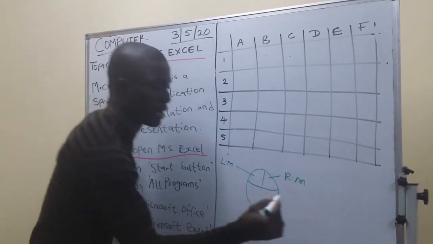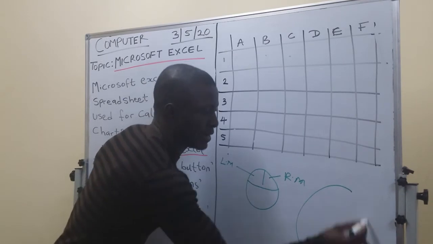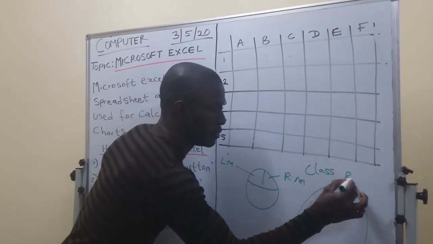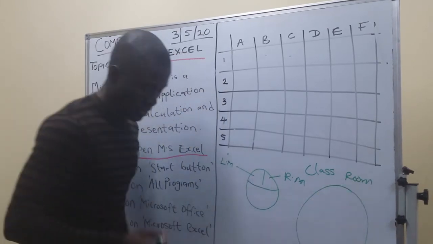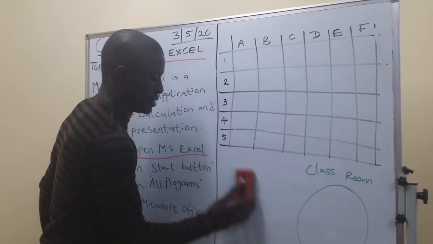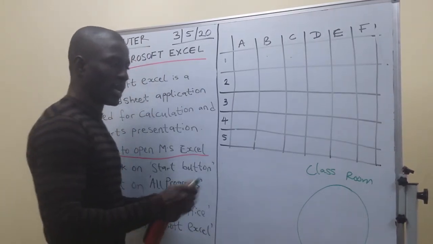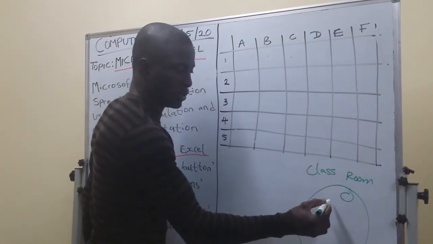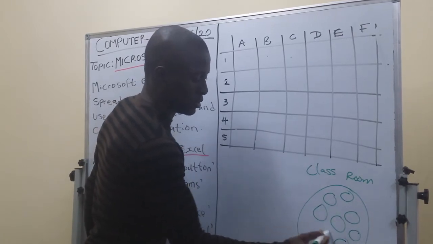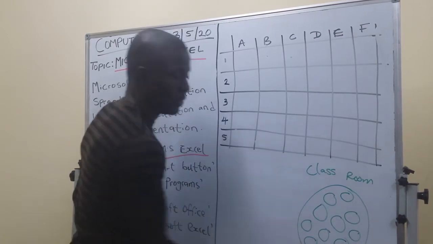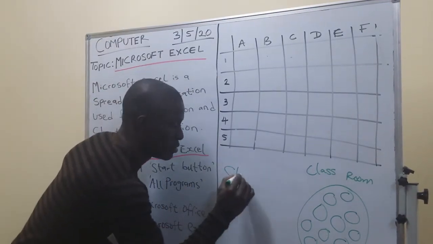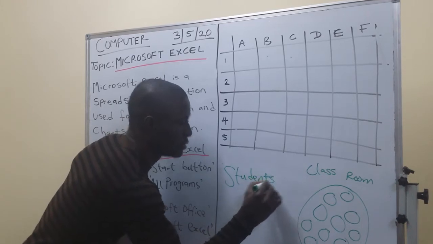For example, in a classroom, let's say that this circle is a classroom. And this is a classroom. Inside this classroom, we have all these students. So all of them are called student.